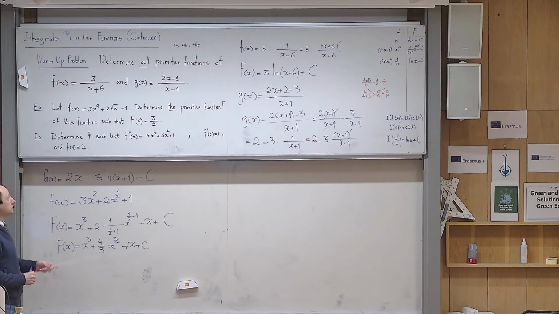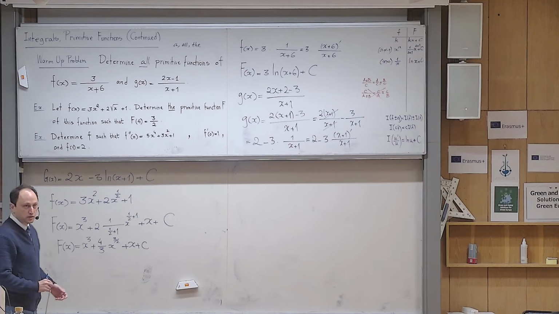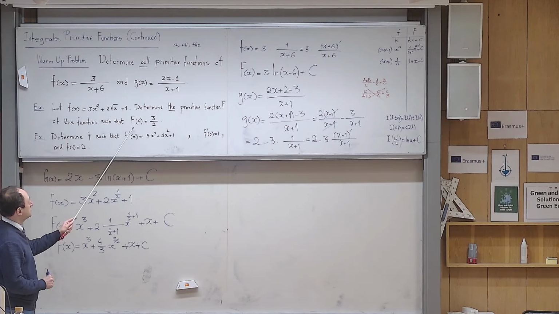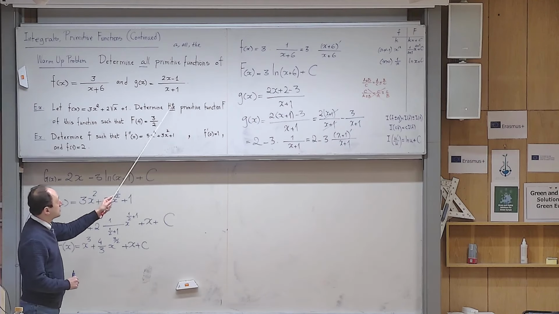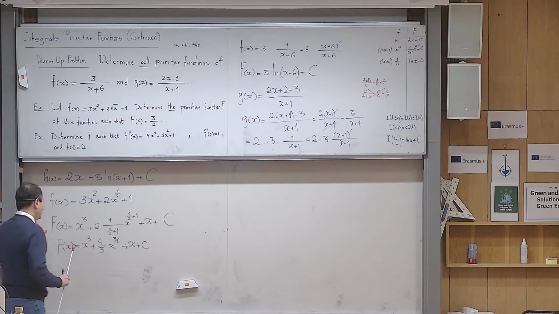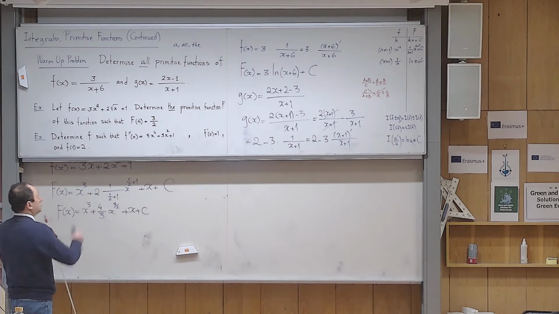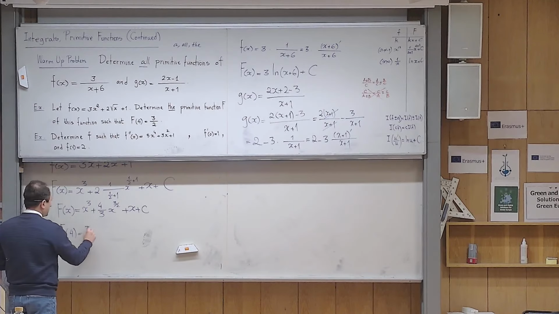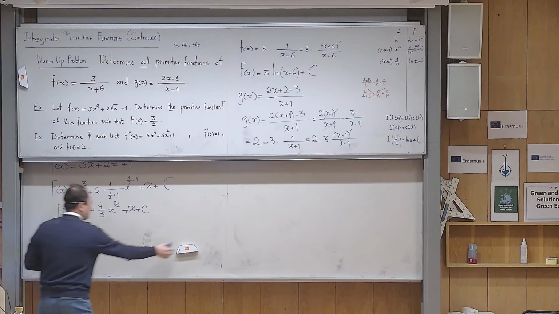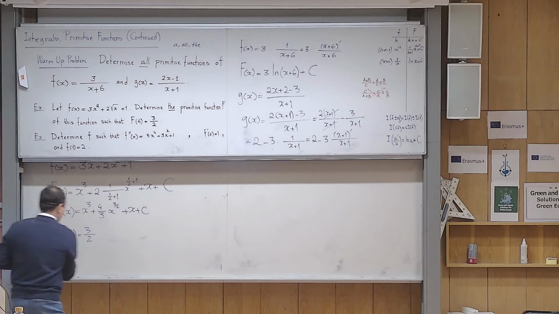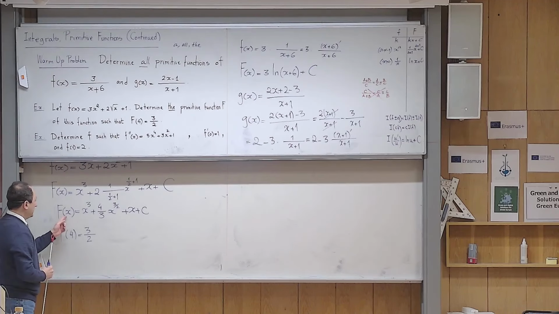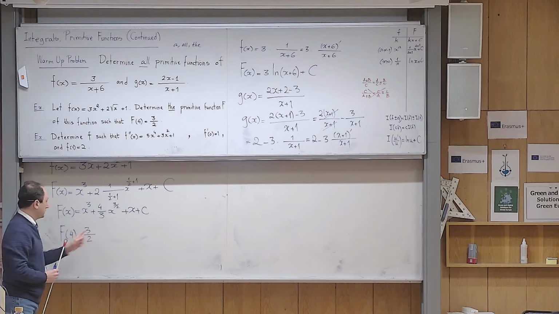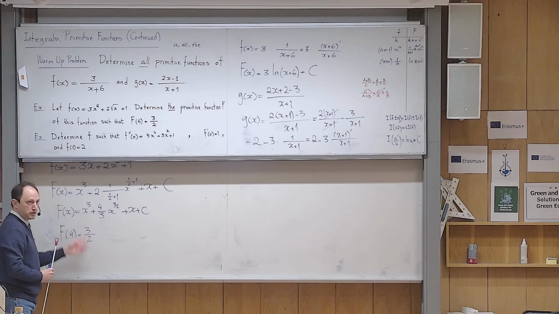But I want to determine c in a way that it satisfies this condition as well. So using that extra piece of information, I can find the primitive function. So what should I do? You are telling me that f of 4 should be 3/2. So what does this mean? It means that if you go to f, replace x with 4, the output should be 3 over 2.